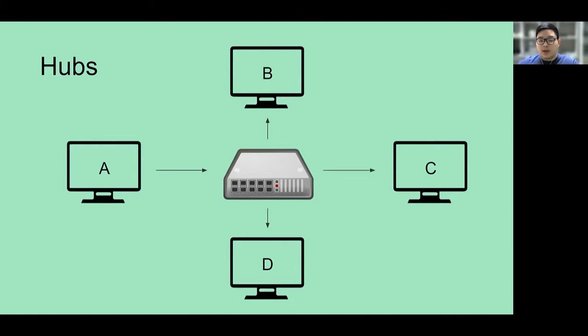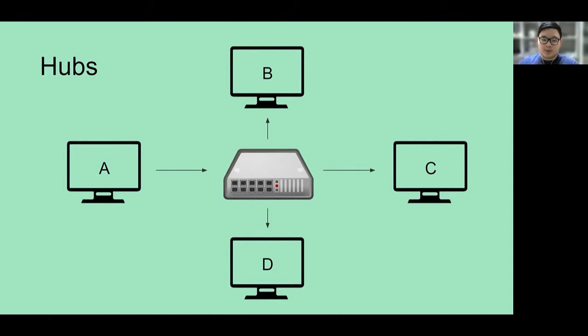However, hubs cannot send data at the same time. So that means that when computer A, let's say, is sending data to computer B, computer C cannot send to computer B at the same time because it will create what is called a data collision.